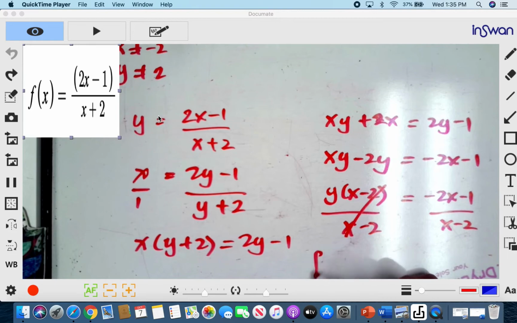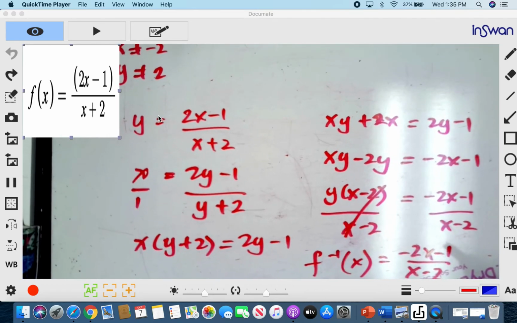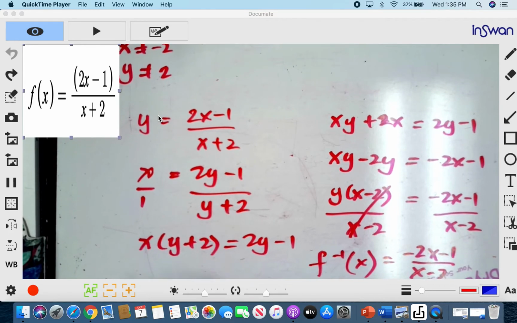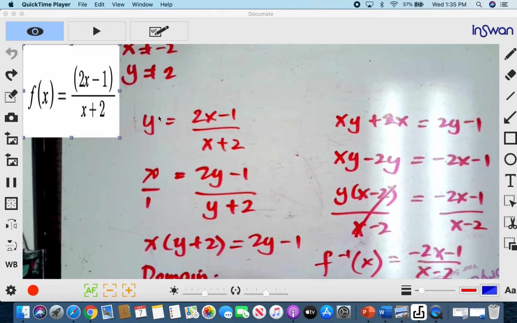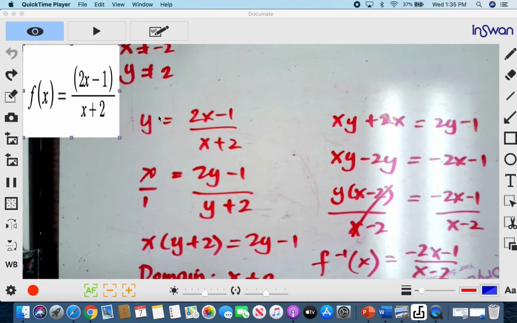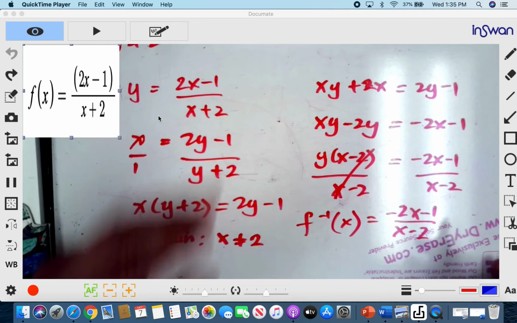So y, which is the inverse function of x, is equal to (negative 2x minus 1) over (x minus 2). Now, as you can see, the domain here, based from our definition of a vertical asymptote, our x cannot be equal to 2.